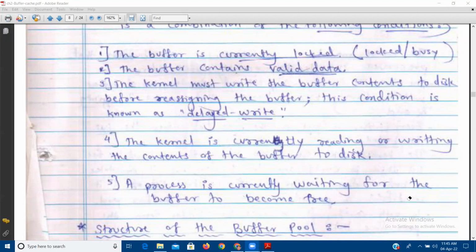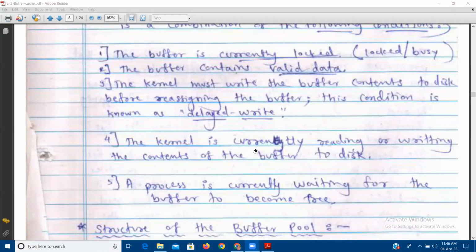These are the different statuses of the buffer. Is it over, students? Yes.